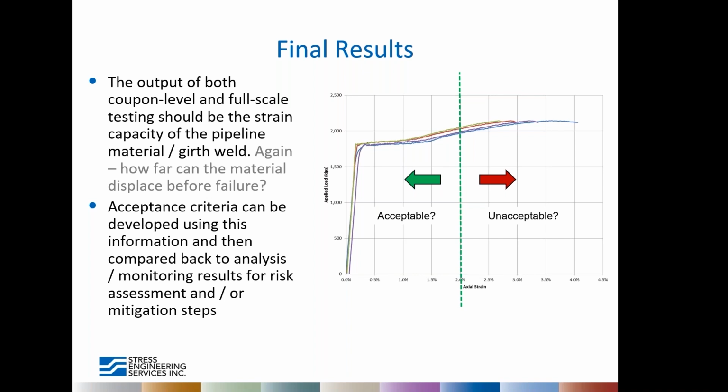So if you looked at setting the green dashed line as your acceptance criteria, which is about 2% axial strain in this condition, strains to the left of that level would be acceptable, and strains to the right would be unacceptable.